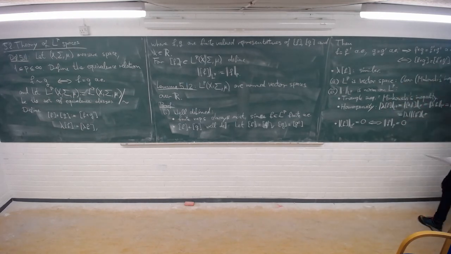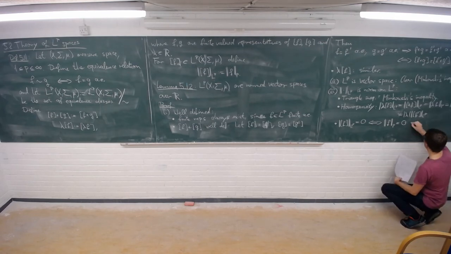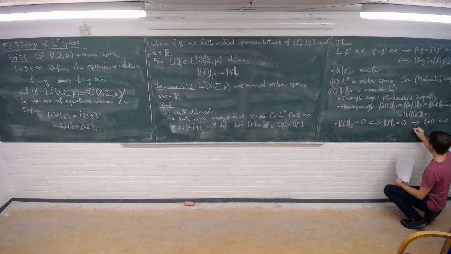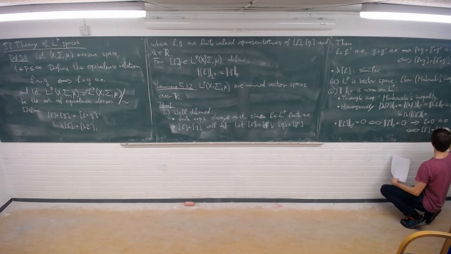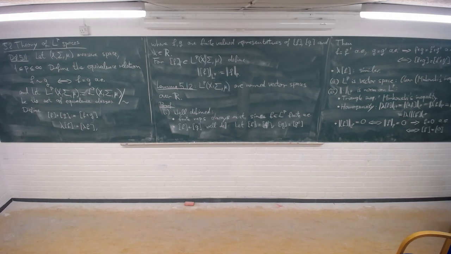But this implies, as we've seen, that f is 0 almost everywhere. But this is the same as saying that the equivalence class of f is 0.